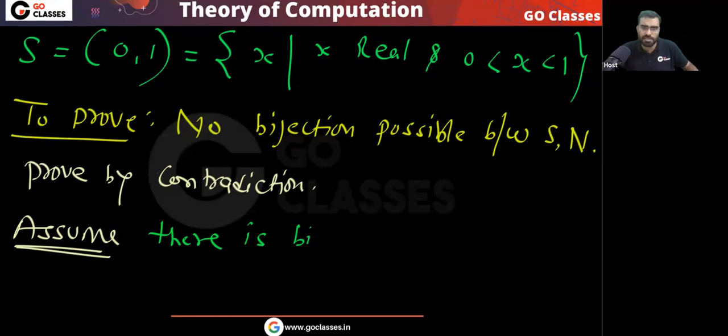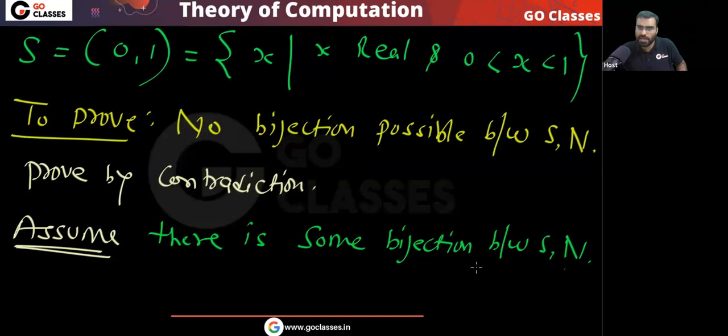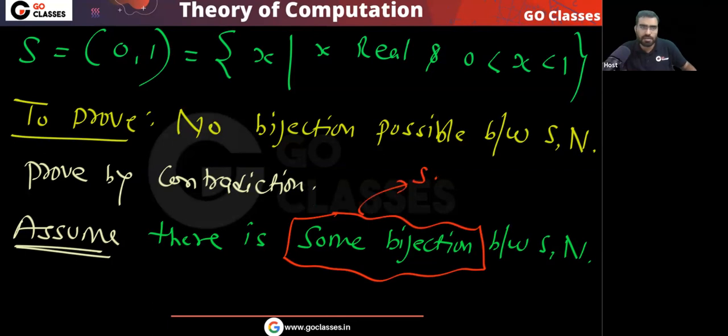There is some arbitrary bijection between S and N. We don't know which bijection, but we are assuming there is some bijection F between S and N.